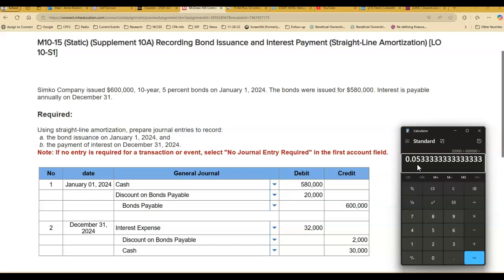Okay, let's look at it this way. Again, I'm going to hit on something here in a minute. I love the challenge. Think about this discount as prepaid interest. You got it? So if you think about it, the fact that we had to issue at an amount lower than the actual face value means that this $20,000 is effectively prepaid interest.